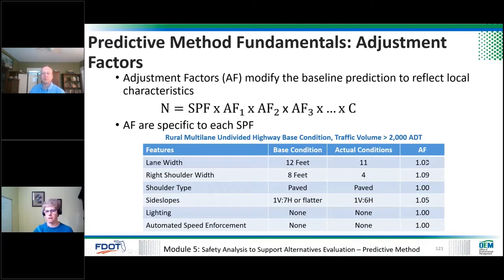There's an adjustment factor of 1.03, and so on for shoulder width and type and side slope, lighting, etc. Again, these base conditions are specific to the safety performance function, and the second step, after you've picked your safety performance function, is applying all these adjustment factors to reflect your local road.